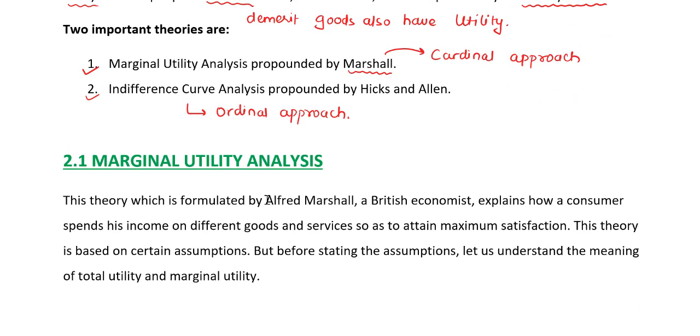Let's begin with point number 2.1, and that talks about marginal utility analysis. This theory was basically formulated by Sir Alfred Marshall, a British economist, and what he explains is that a consumer spends his income on different goods and services so that he attains maximum satisfaction.